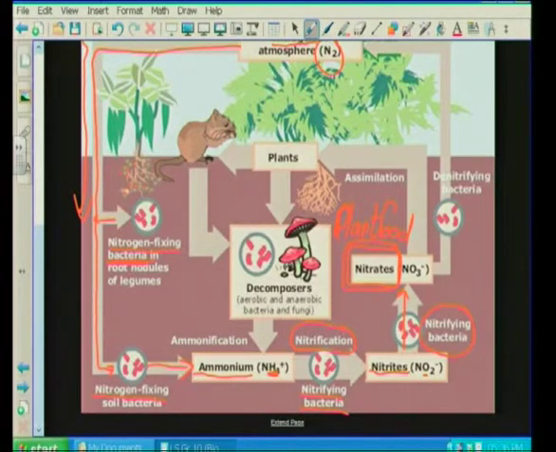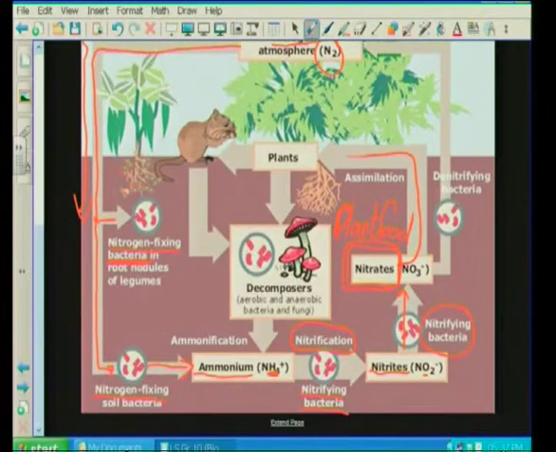Now you can give your plants nitrates. You can go to a nursery, you can buy plant food in a container, or these days they sell little green sticks, and if you read on the packaging, it says nitrates. That's plant food. So you can give that to your plants, and your plants will be beautiful. So nitrates is plant food.